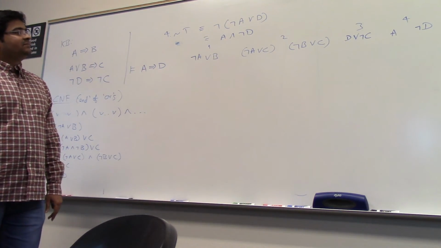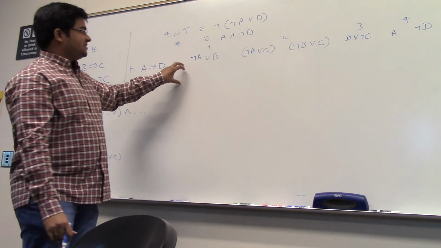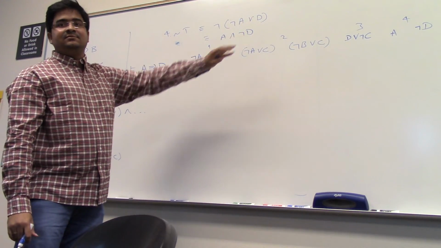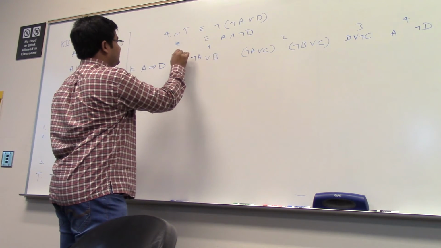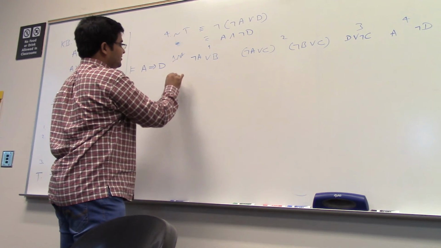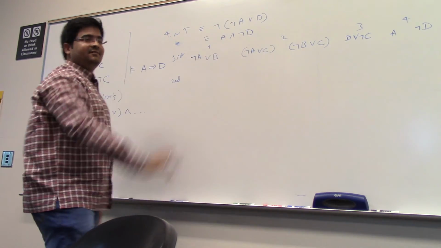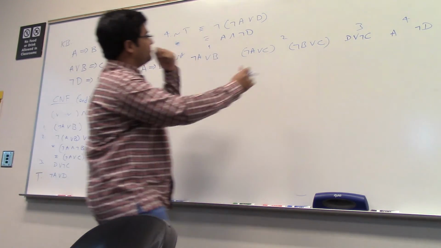So how does the brute force search work? You try to combine this with all the other ones. This is the first level, and at the second level you will write all the combinations of this with everyone, and so on. How does the combination rule work?